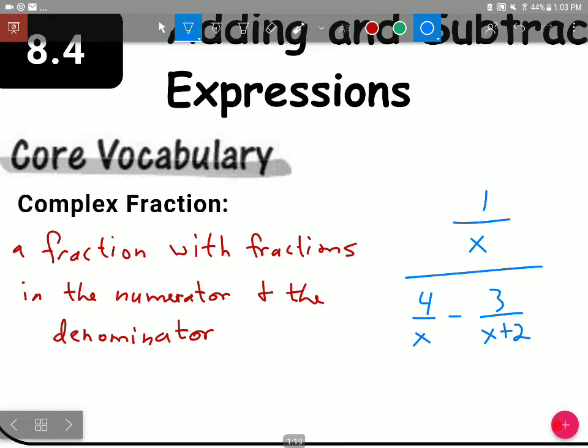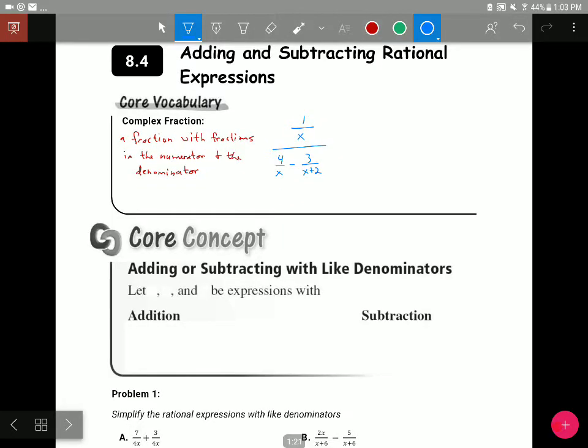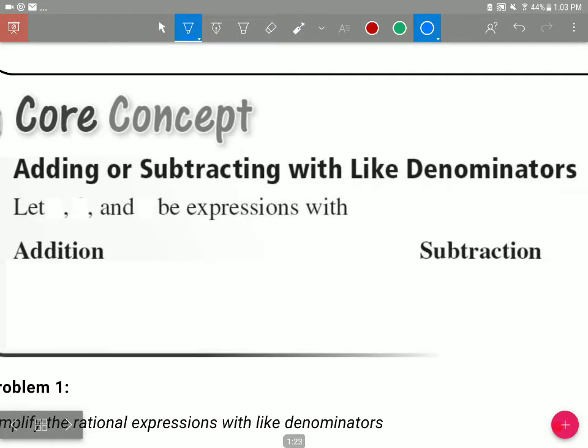All right, so here we go. Let's keep rolling. Adding and subtracting with like denominators. They wanted us to do this with A, B's, and C's, but I think it's easier to do this. If I've got 3/5 plus 4/5, that equals what? 7/5.